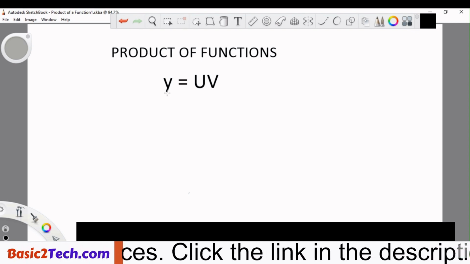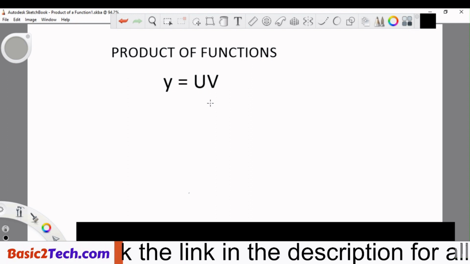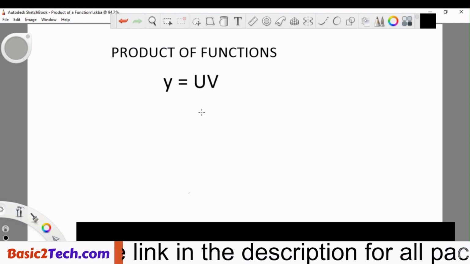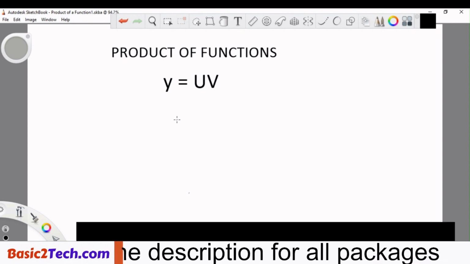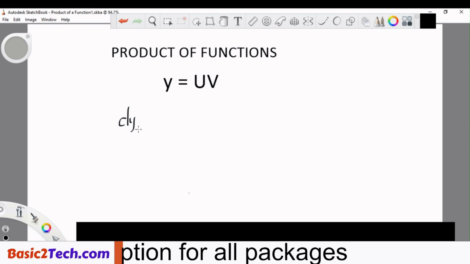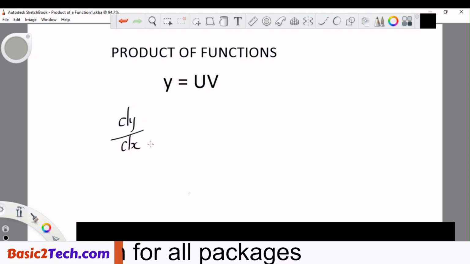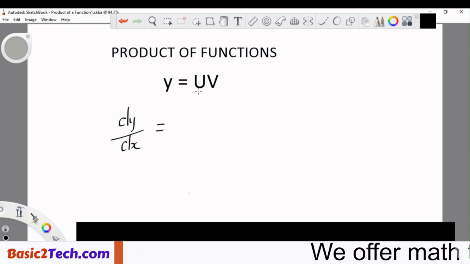For example, we are given y is equal to u times v, where u and v are functions of x. For us to solve this with respect to x, the formula is dy dx. So we are differentiating this function with respect to x. The first thing we do is to put down the first function, which is u.